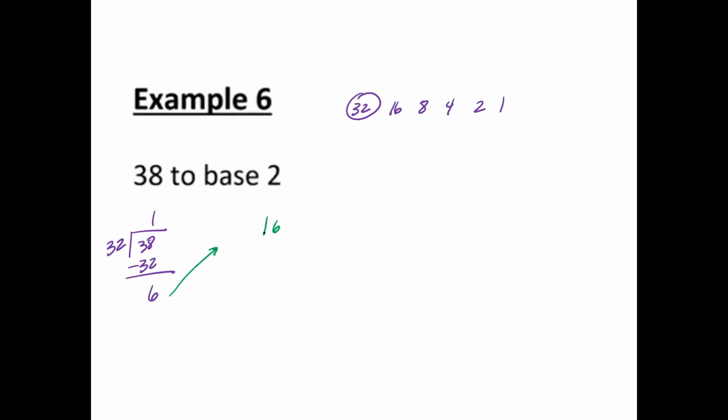We're going to repeat this one more time. Next number, what can you divide into 6? Probably 16, which is the next number. 16 times 0 is 0 because you can't do 1. That's too big. So I still have 6. Repeat it one more time. Next one is 8. 8 times 0 is 0.